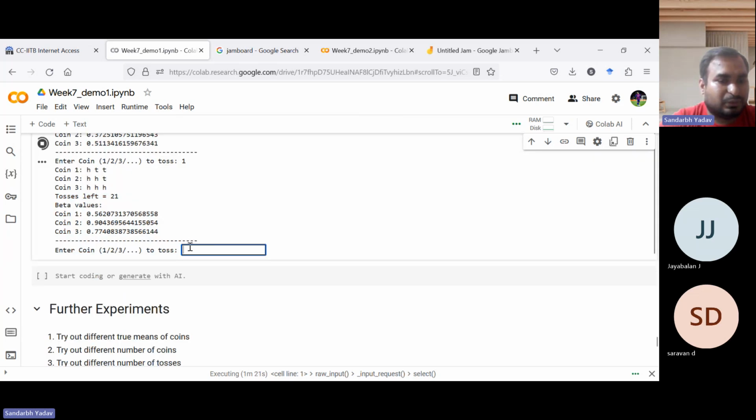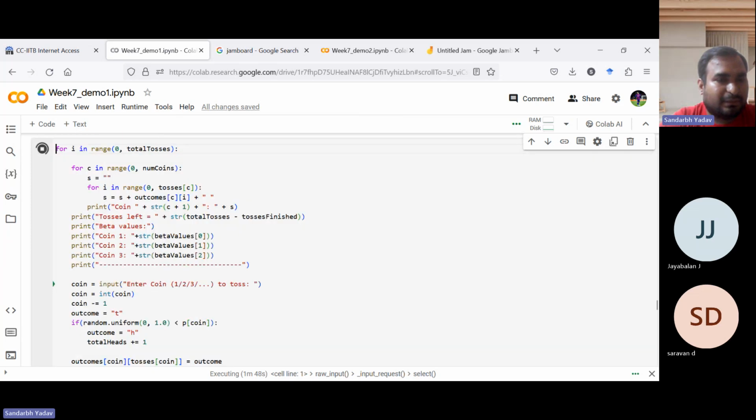Now we move to coin two. So these are samples. There might be some luck factor here and there, but eventually if you do it a very large number of times, that luck kind of averages out. So now we go to coin three. Maybe by now you can think it might have learned enough about the distributions. So let's do coin three again.